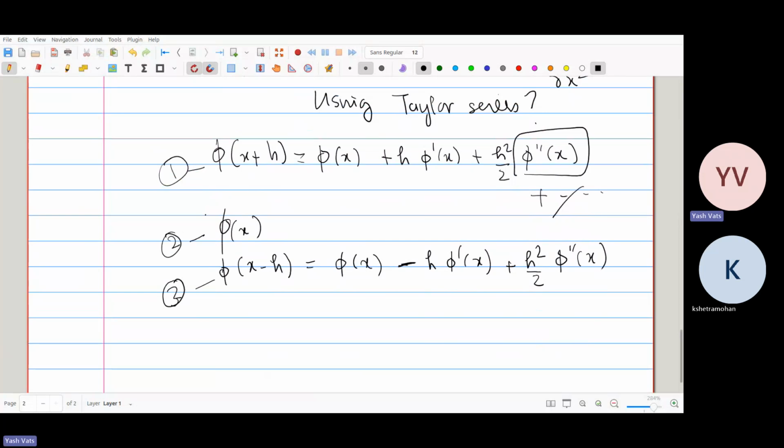So phi x plus h, I add phi x minus h, and I subtract 2 phi x.